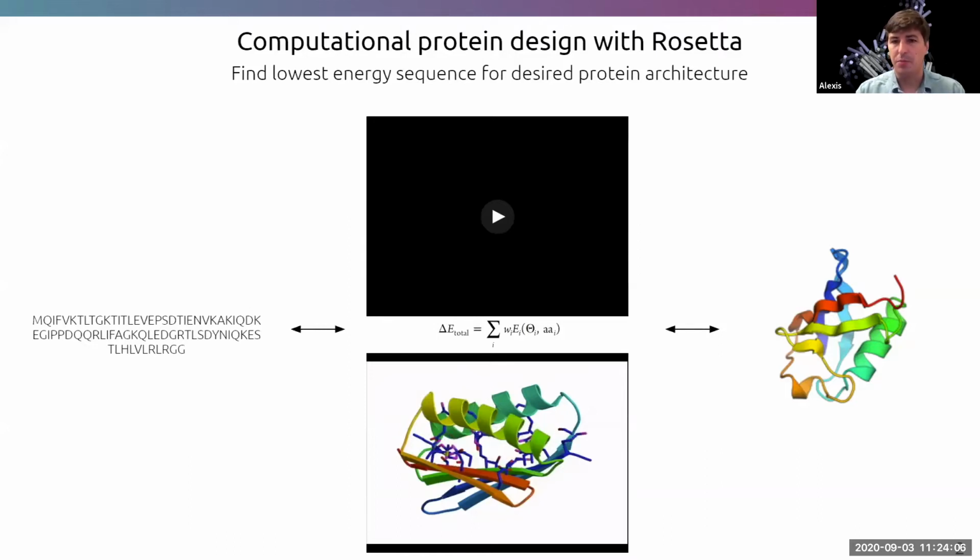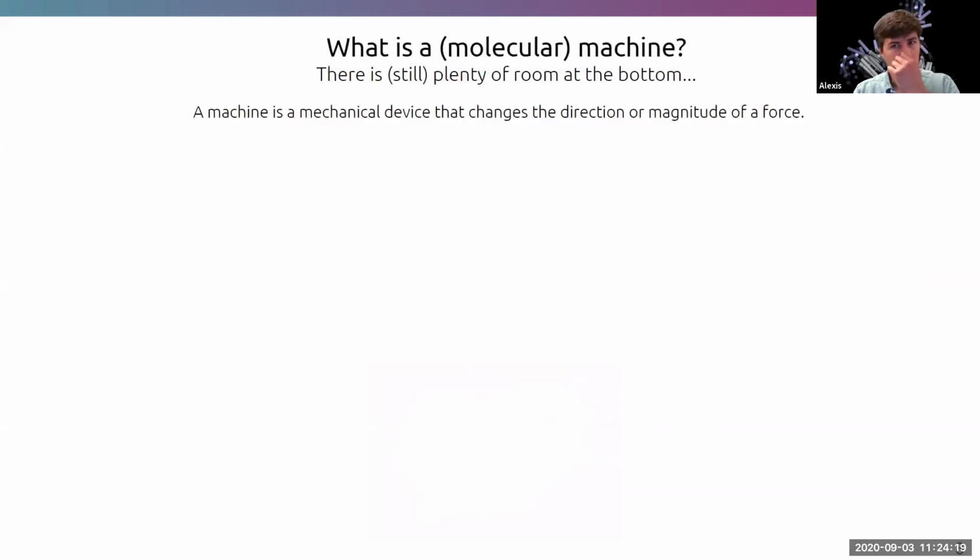That allows us to build a lot of de novo proteins, fully synthetic proteins that don't exist in nature. We're always expanding the methods we have, and now we're really starting to be able to design increasingly complex systems.